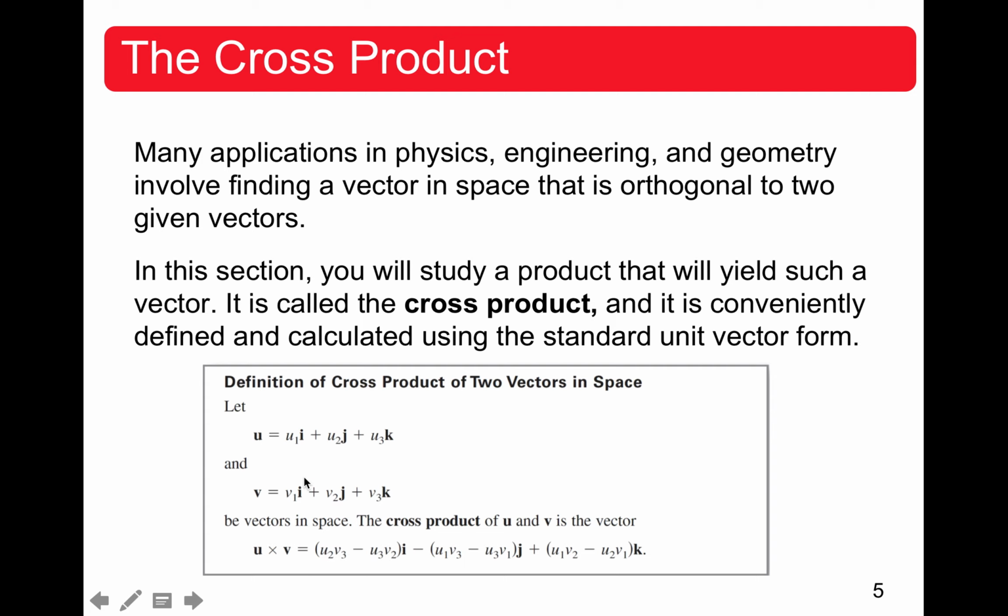If we think of i right here, it's not using the coefficients that are with i, it's taking the coefficients u2 times v3 minus u3 times v2. Minus, then for j, we're not going to use j, it's going to be u1 times v3 minus u3 times v1. Plus, then we take the k values, so we're not going to use those. We're going to take u1 times v2 minus u2 times v1.